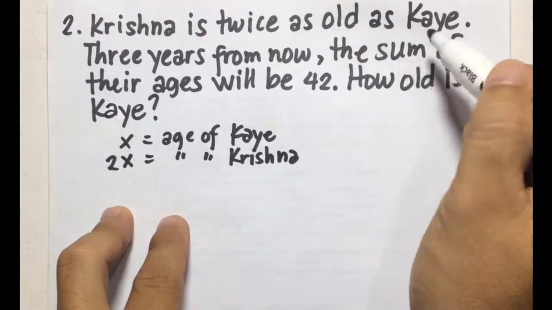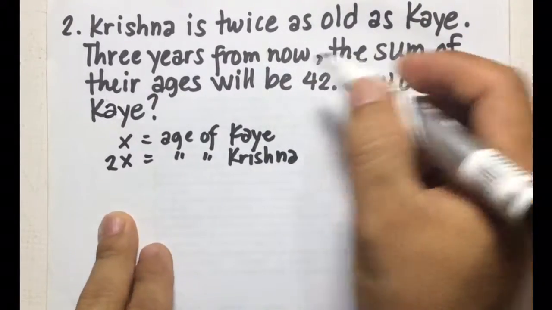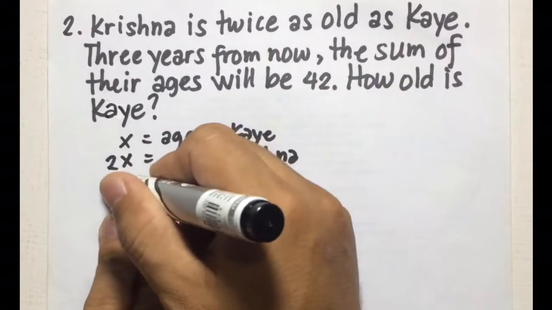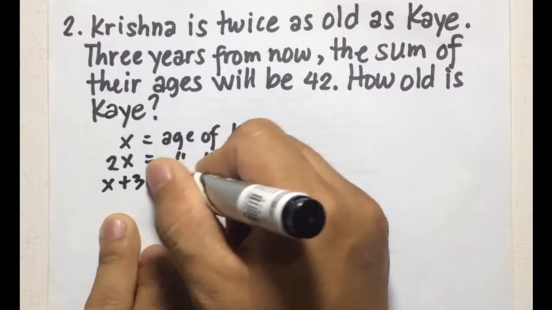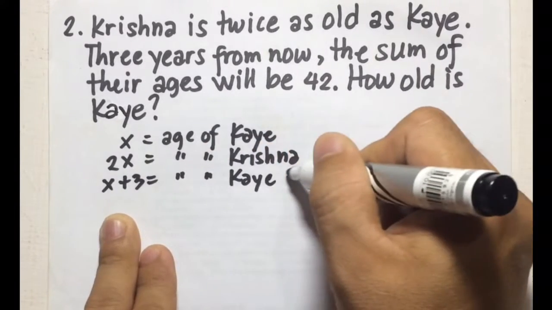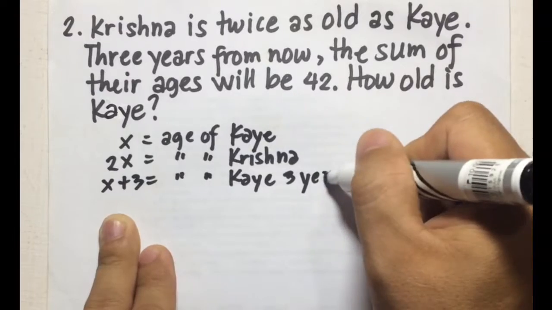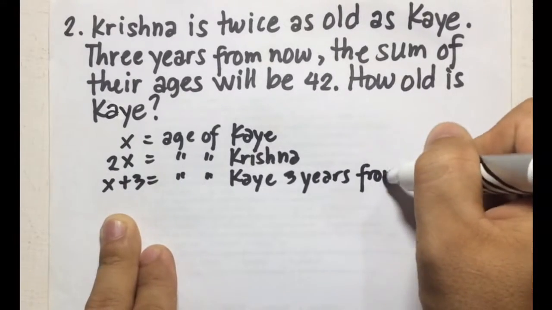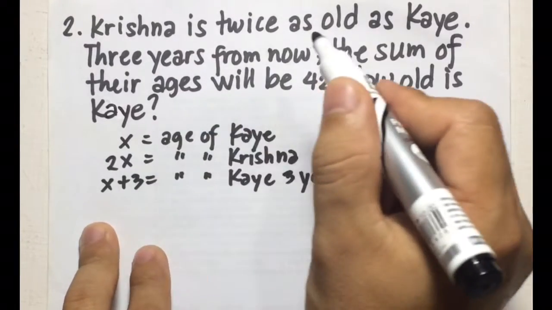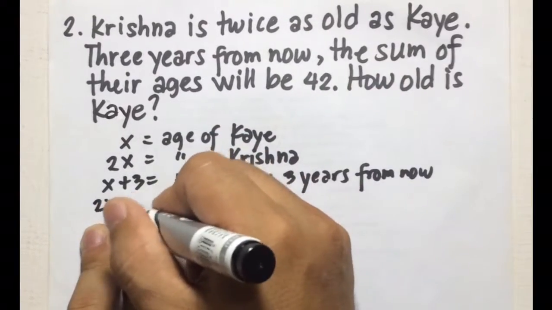Then 3 years from now, the sum of their ages will be 42. So 3 years from now, if K is X, we can have X plus 3. That will be the age of K 3 years from now. And we can have the age of Krishna as 2X plus 3.